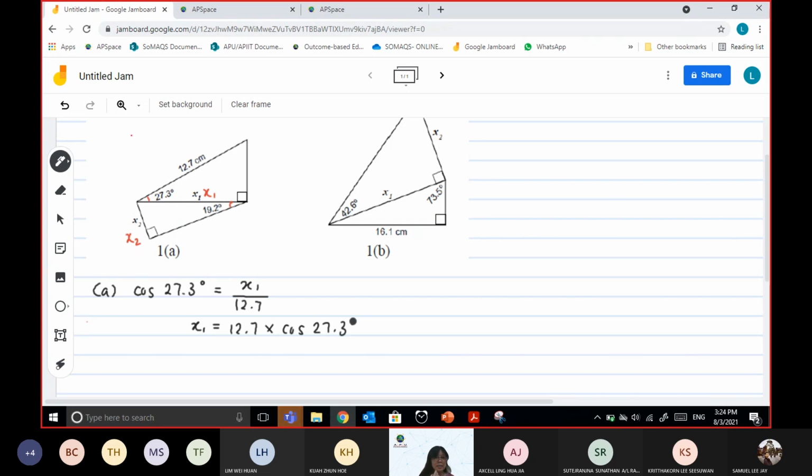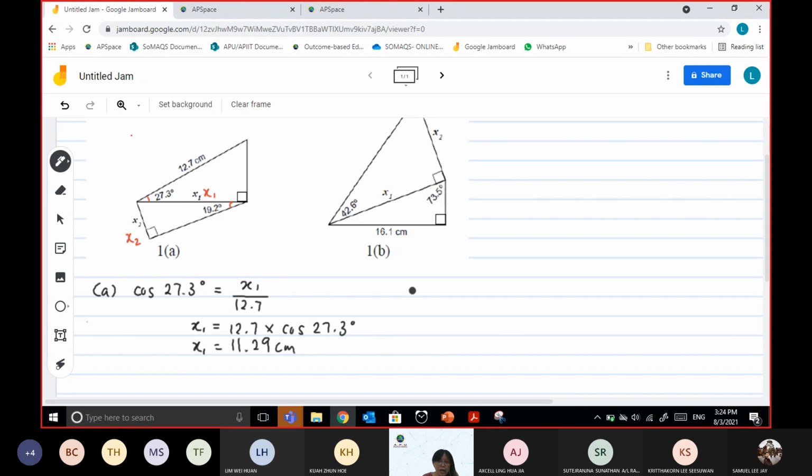I don't think I get 11.55. I get 11.29. So x1 should be 11.29 cm.